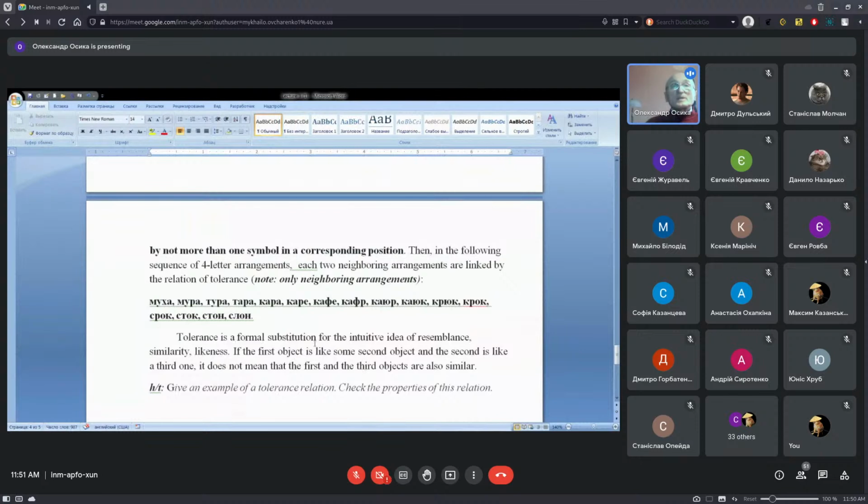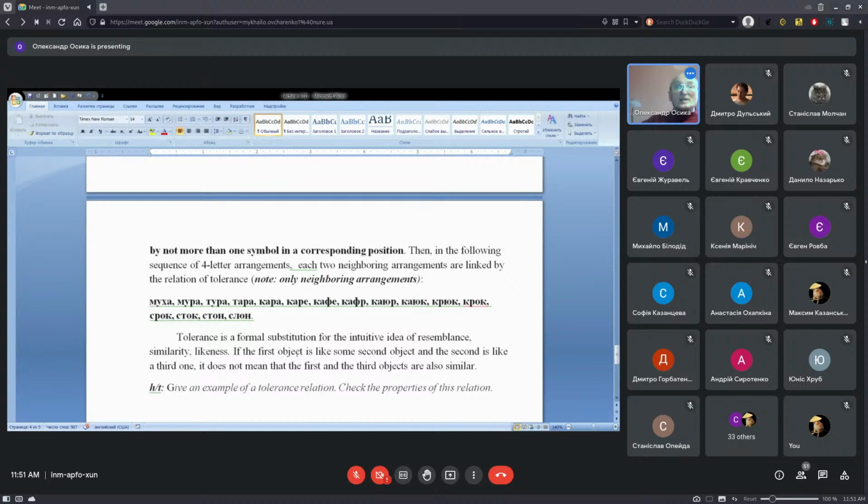Tolerance is a formal substitution for the intuitive idea of resemblance. Resemblance, similarity, likeness. Okay, I was a bit hasty to explain what is resemblance because I gave you some synonyms, and I'm sure that some of them are familiar to each of you.